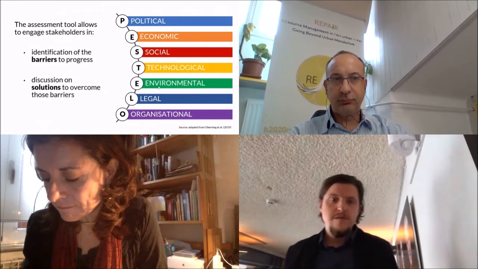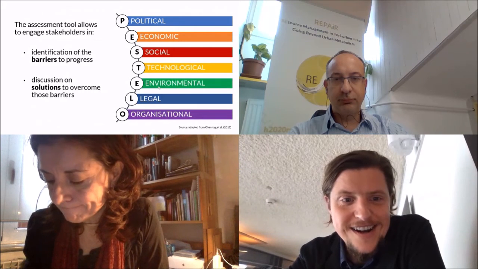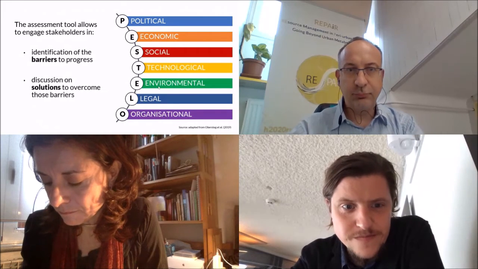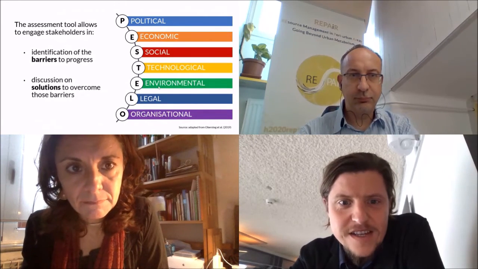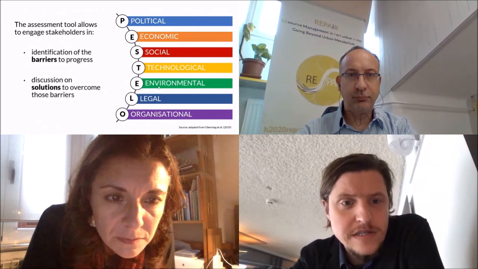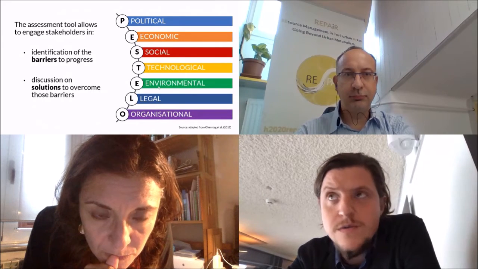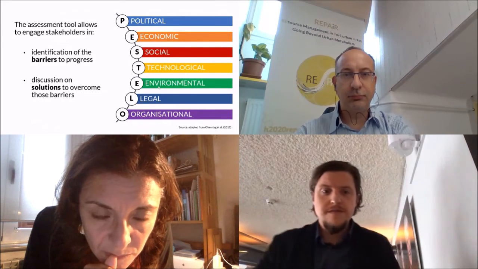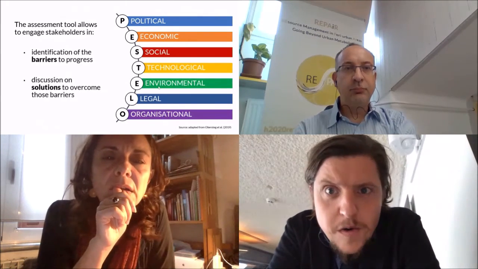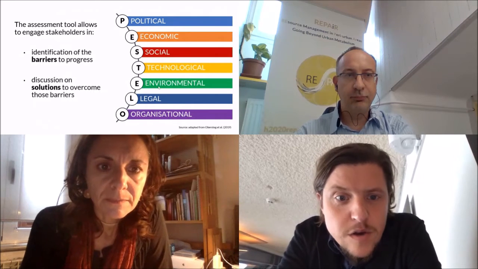And this is where we will try to experiment with some online tools. Victor, can you move forward, please, with the slideshow? So the question to you would be, what are the main barriers for transition towards circular economy in your region? We would like you to ponder that question for a minute, and then use your mobile phone or your web browser on the computer or tablet, and go to menti.com.